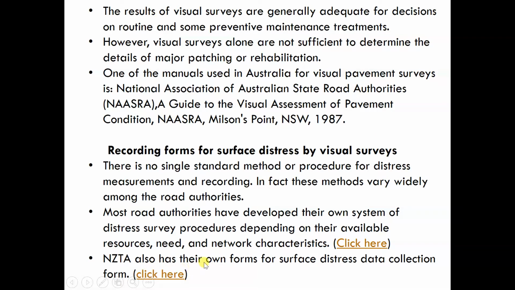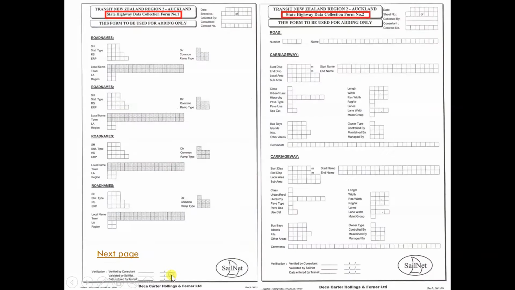NZTA also has their own forms for surface distress data collection. They can record the defects on the road with this form. I think they actually have a lot of forms, so I just picked a few of them as a sample.